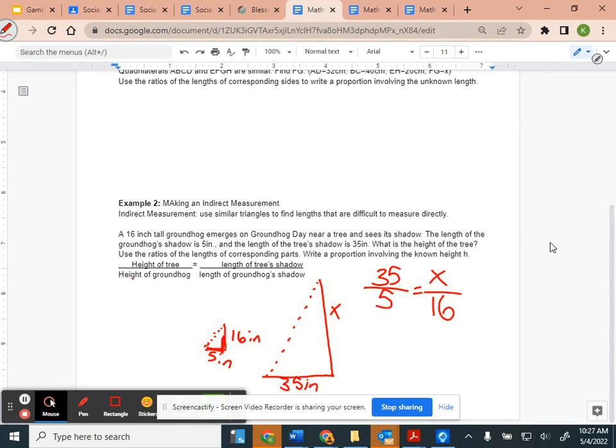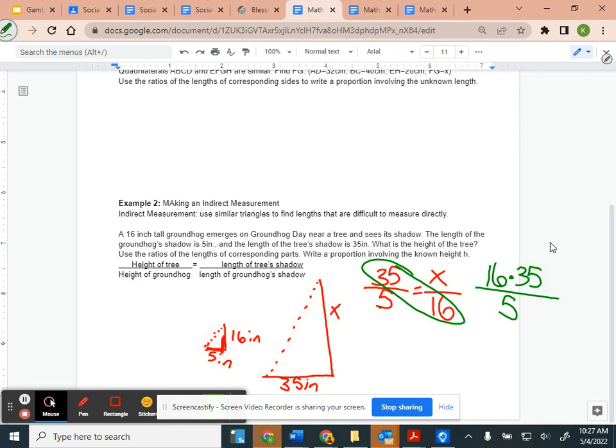What do I have to do to solve it, Anthony? 16 times 35 divided by 5. So 16 times 35, and then we're going to divide it by 5. So how tall is our tree?